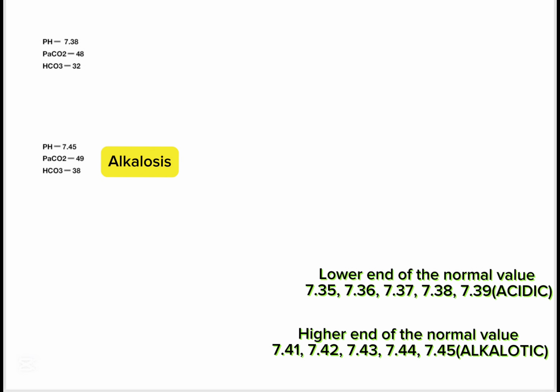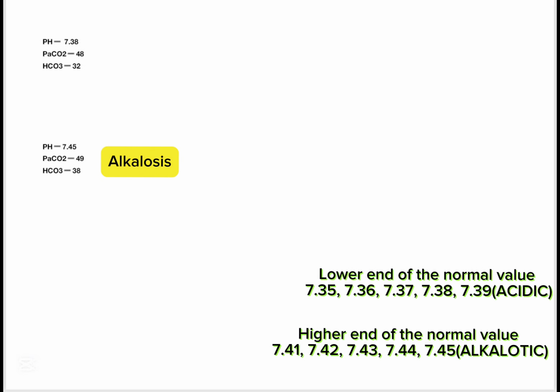Let's look at the CO2 for compensation. So the CO2 is 49, elevated, higher than the normal value. So we can say that the body recognized that it had so much base and had to compensate by increasing that CO2 to balance up the pH. Let's check the pH to see if the compensation was complete enough to bring the pH back to its normal value.